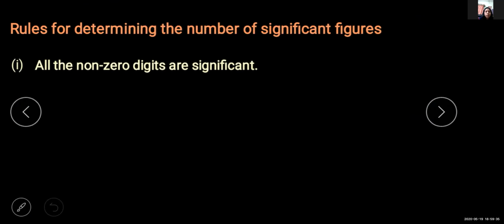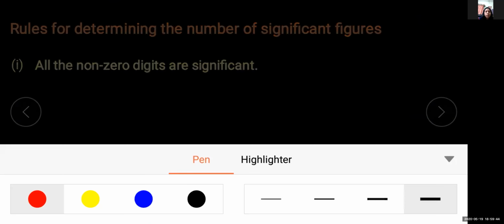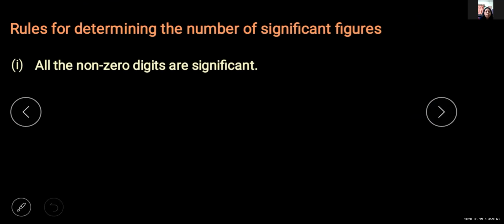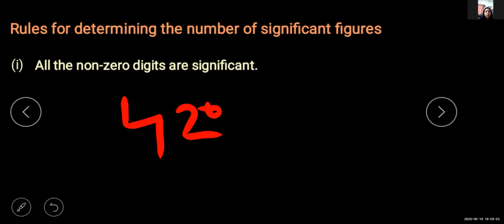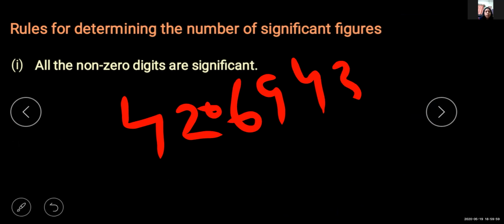We can count this: 1, 2, 3, 4, 5, 6, 7, 8.